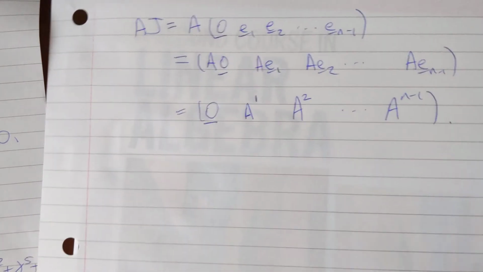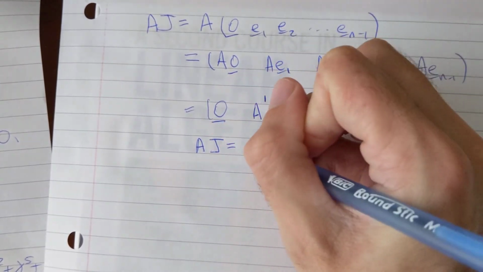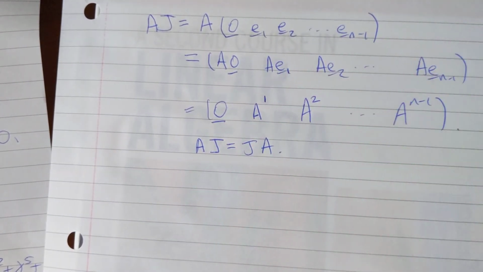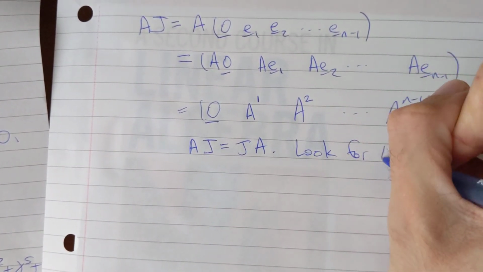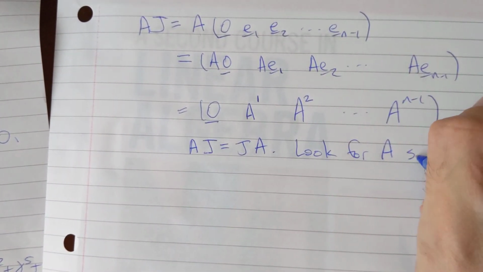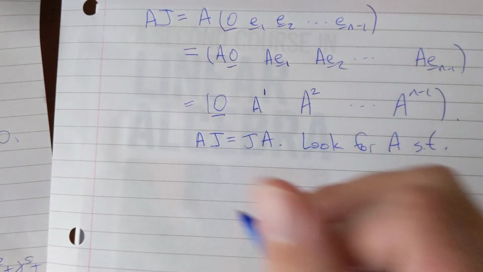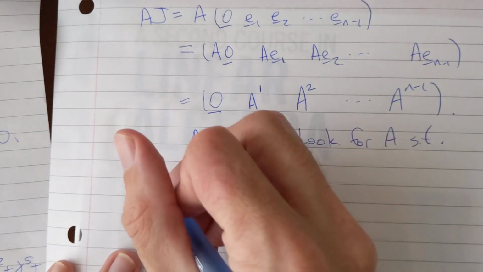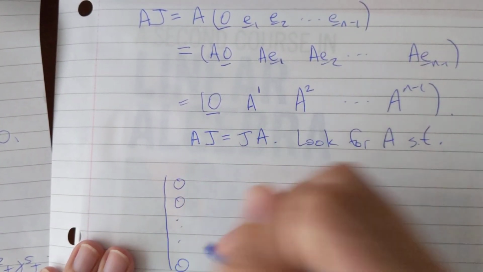Okay, so in the assignment you have to solve this equation. That just means you have to look for matrices A such that, if I rewrite, A times J is this matrix.